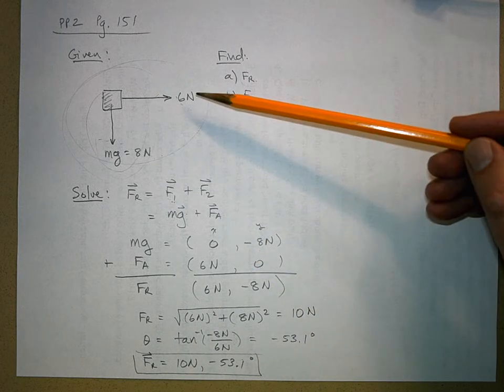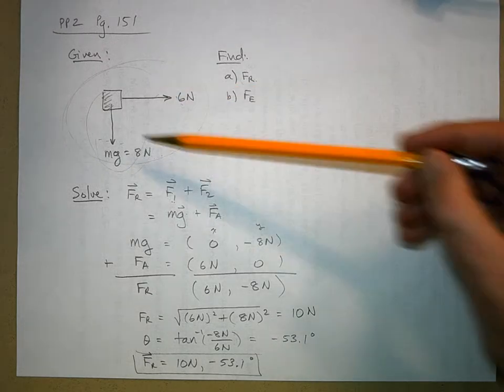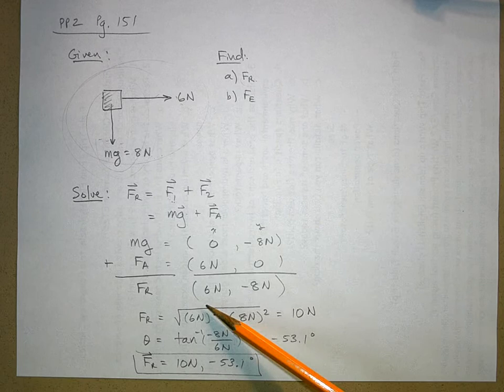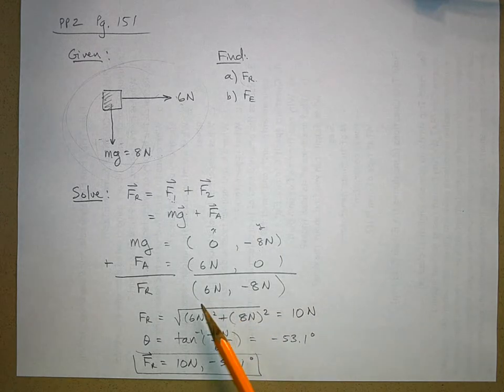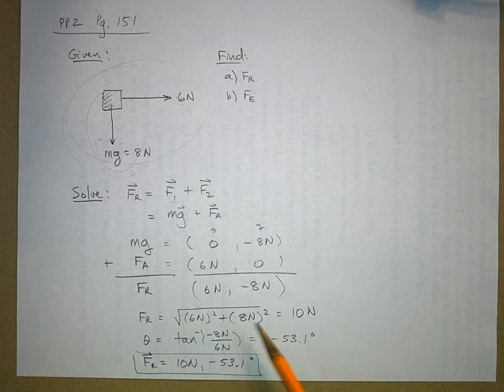In order to need to add 180 degrees, this needed to be negative 6 newtons. If the x component of your resultant force is negative, that means you're either in the second or third quadrant of the XY plane. Your calculator doesn't deal with the second and third. It can only give you an answer that's in the first or the fourth quadrants. So if you're in the second or third, you have to know that and just add 180 degrees to your answer.